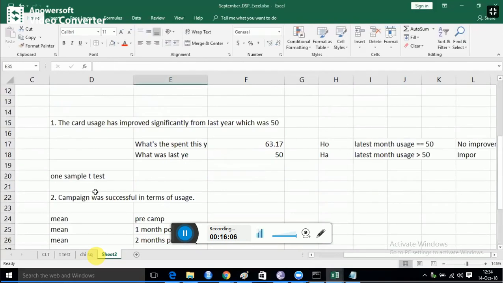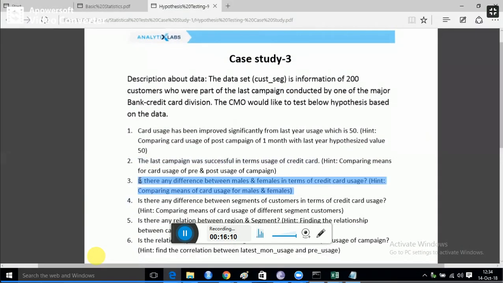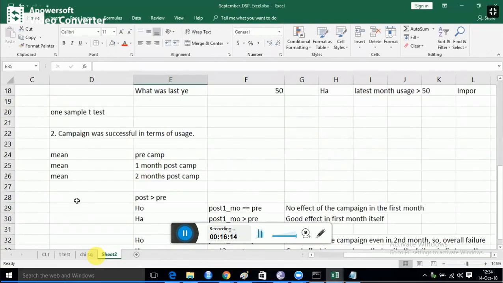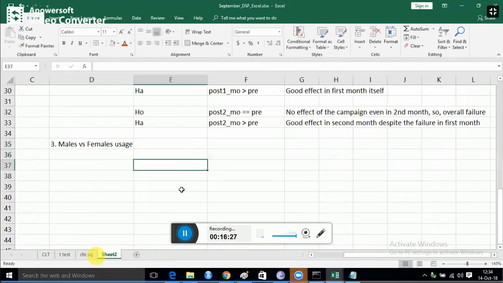Alright, let's look at the next question. Is there any difference between males and females in terms of credit card usage? What kind of a test is this? Males versus females usage. What kind of a test is this? Independent sample t-test. So what will we be looking at?